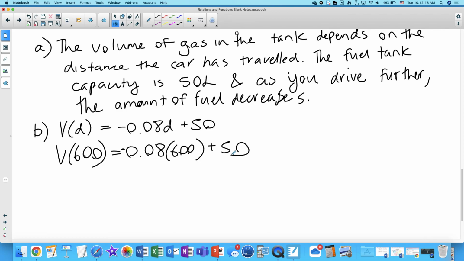What does that mean? If I were to translate this into a sentence that relates back to the variables in the problem. If you travel 600 kilometers, you'll have 2 liters of gas left in your car. Precisely. If you travel 600 kilometers, there will be 2 liters of gas left in your tank.